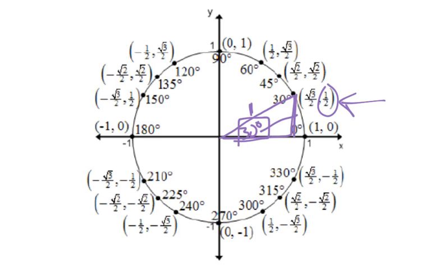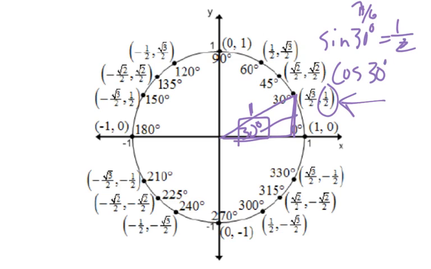So it's 1/2. Sine of 30 degrees equals 1/2. In radians, that's pi over 6, so the sine of pi over 6 is still 1/2. What if we got the cosine of 30? Well, the cosine of 30 is the x value, right? It's the adjacent value over the radius, but the radius is always 1. So that's square root of 3 over 2.